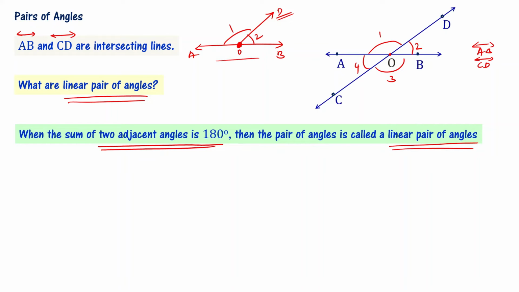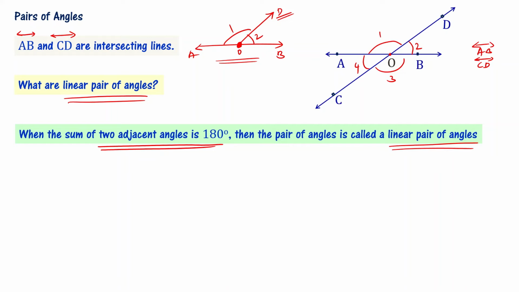And their sum is 180 degrees because they are on a straight line at one point, that is O, right? The sum of the angles on a straight line at a point is 180 degrees, right?